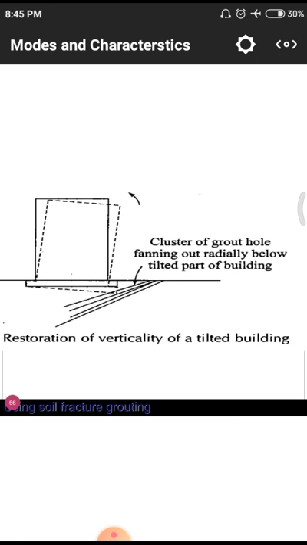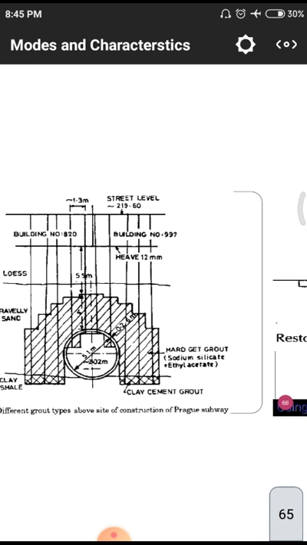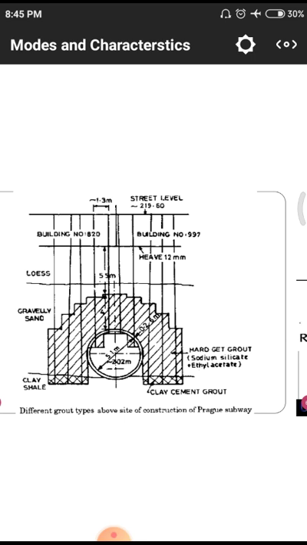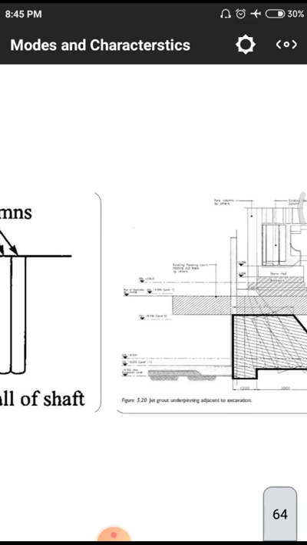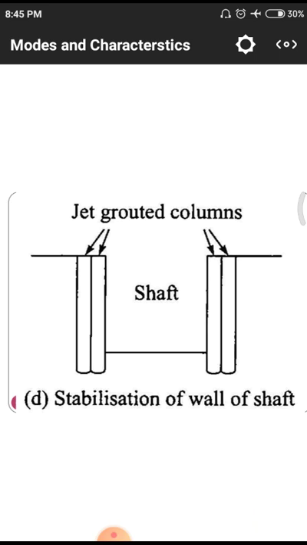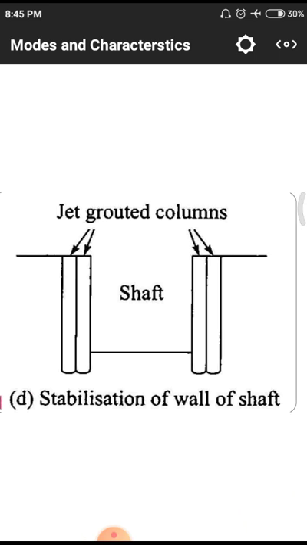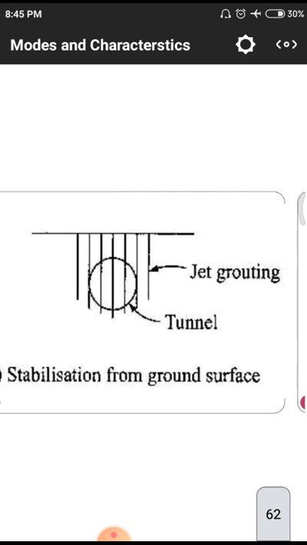These are the examples of how these grouting mechanisms are utilized in different fields. For the purpose of building, we have observed. For the purpose of tunnel, the outer periphery is constructed with this soil clay cement, we have observed. Here also some complex things we have observed. Here the total stabilization is taking place for the purpose of the shaft with the help of these jet grouted columns.